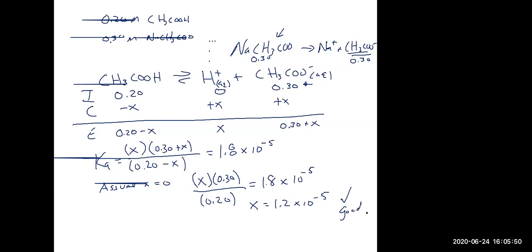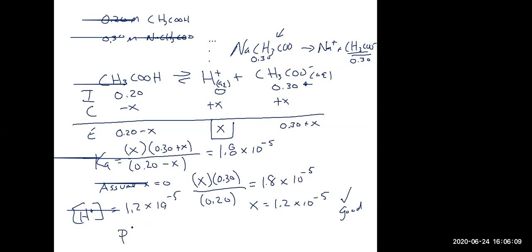The check. That also means if we go to our table, we see that H plus equals x. That means that the H plus concentration equals 1.2 times 10 to the minus 5.